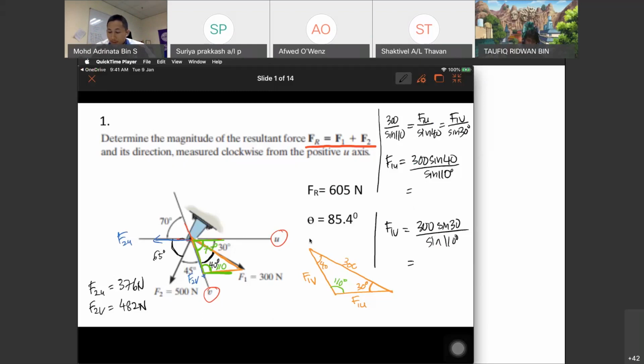Okay. So you can get your F1U equals 205.2 and F1V 159.6. Okay.